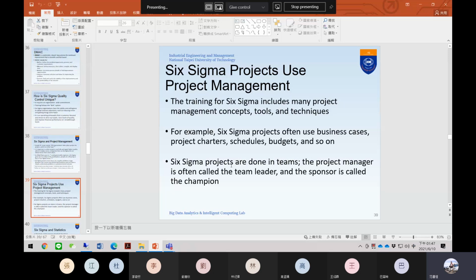Six Sigma projects are done in teams, not by individuals. The project manager is often called the team leader, and the sponsor is called the champion of the organization, who may be the supervisor, the managing director, the GM or VP, and so on and so forth.